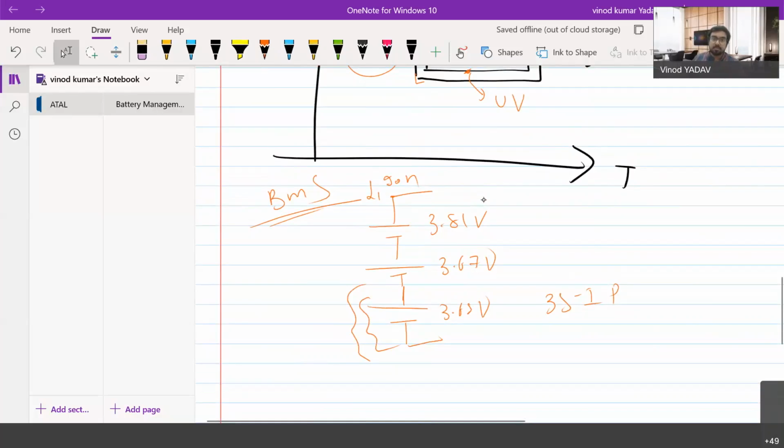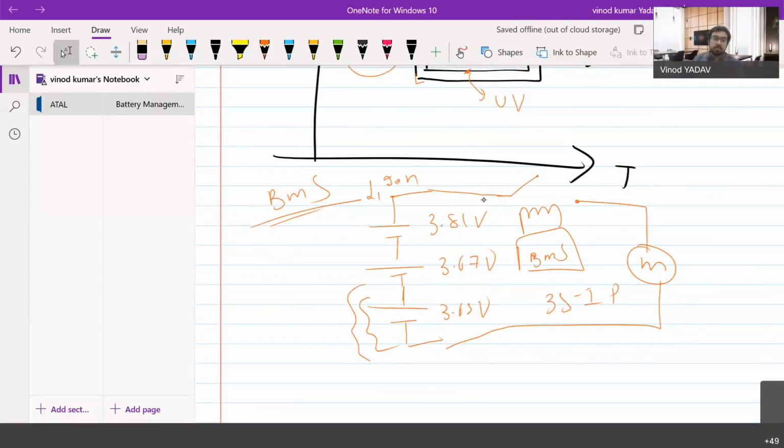In the same case, how does it work? Suppose I have a motor controller and my BMS system, and the disconnector relay or the solid state switch.